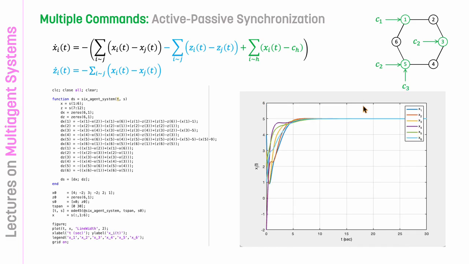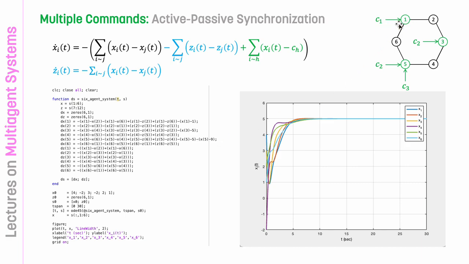And last but not least, I am adding the third type of command. Right now, agents converge to C1 plus C2 plus C2 plus C3, which is 1 plus 5 plus 5 plus 9, 20, divided by 4.